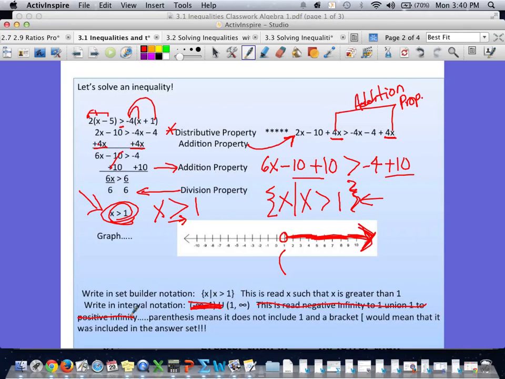Alright, sorry, I saw that mistake. Disregard that. Alright, so because we're starting at 1, you're going to have a parenthesis, and you'll put the number 1. And you'll put a comma. And then you're going to go on and on forever in this direction. That's going towards positive infinity. And this is the symbol for infinity, in case you didn't know.